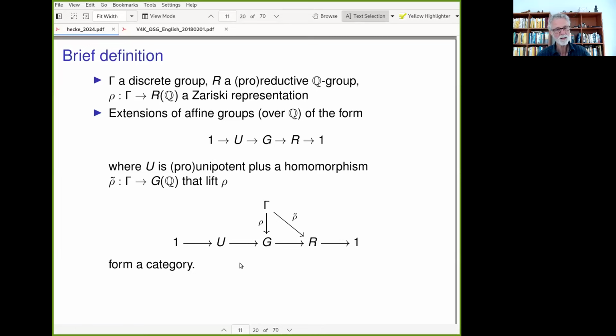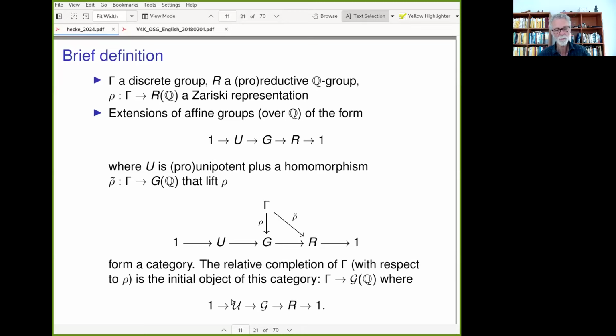You can easily see they form a category, and by definition, the relative completion of gamma with respect to rho is the initial object in this category. Technically there'll be many, but they're all canonically isomorphic to each other.